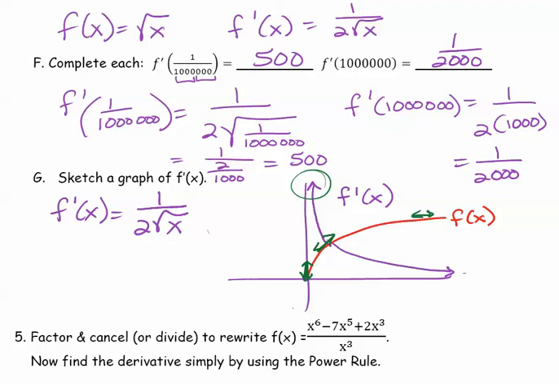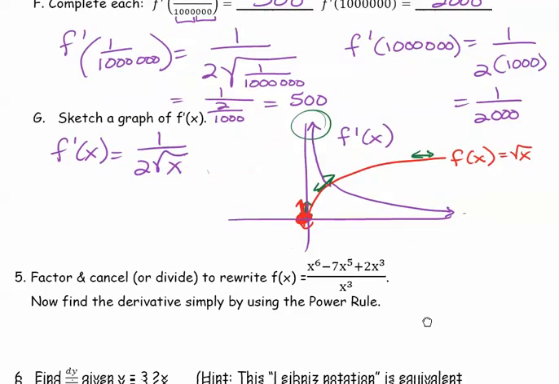So notice our derivatives are all above the x-axis. F prime is always positive because our square root graph is always rising. The only place we have a defined value on f of x, but it is undefined, is because of the vertical slope of the tangent.